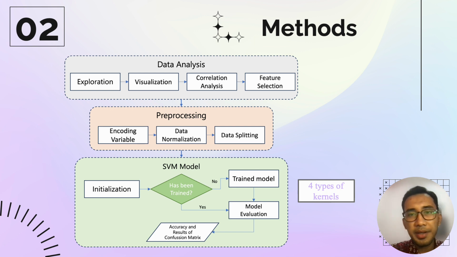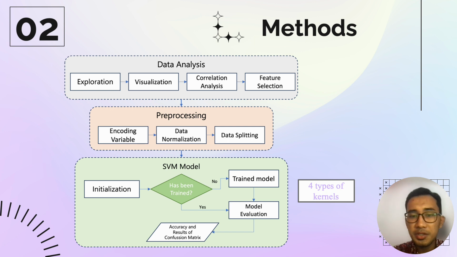The method we apply is the support vector machine, starting from data analysis, which consists of data exploration, data visualization, correlation analysis, and lastly feature selection. After feature selection, we go to pre-processing data, starting with encoding variables and then data normalization.